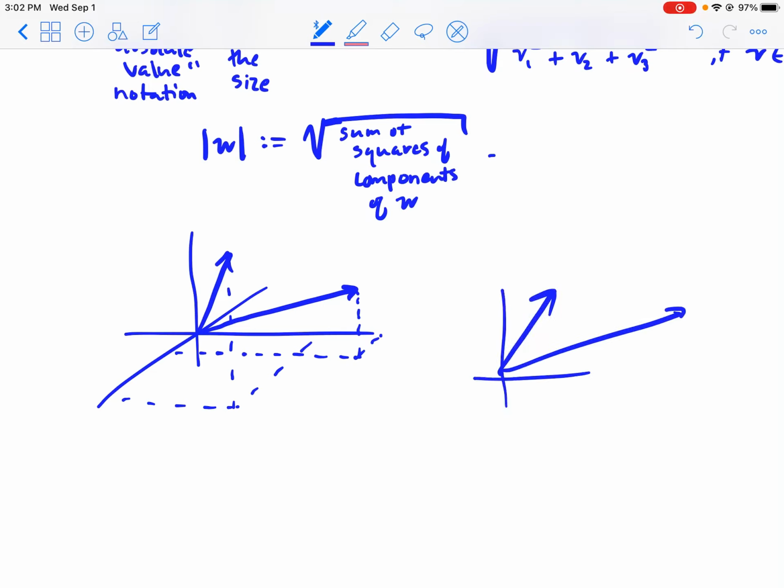It's not clear. I mean, in a plane, the angle between these 2 vectors is clearly that. Okay? In a plane, it should be more clear. But in space, what is it? Well, in space, you see that any 2 vectors, no matter what, even if they're in 18-dimensional space, any 2 vectors span or determine a plane.